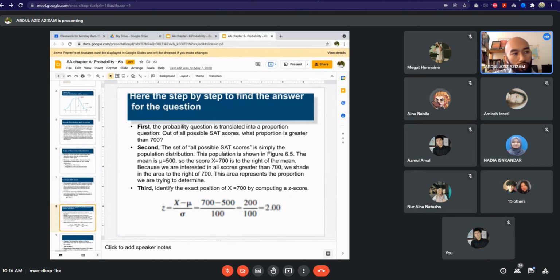We compute z-score. So kita masukkan je lah formula. 700 minus 500 by 100 equal to 200 divided by 100 equal to 2. So z-score is equal to 2.